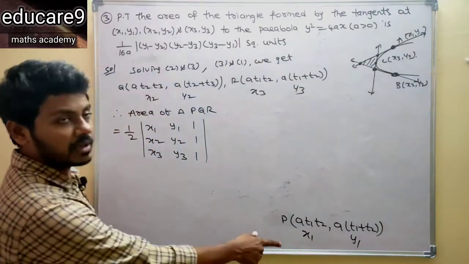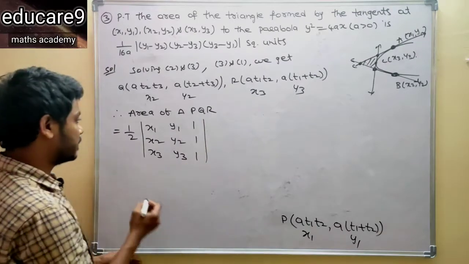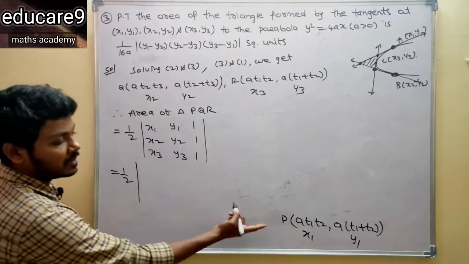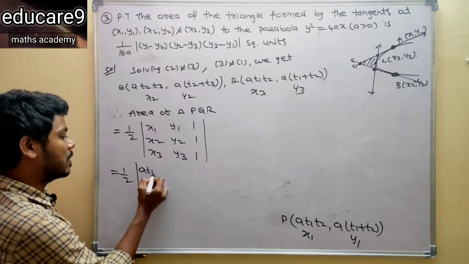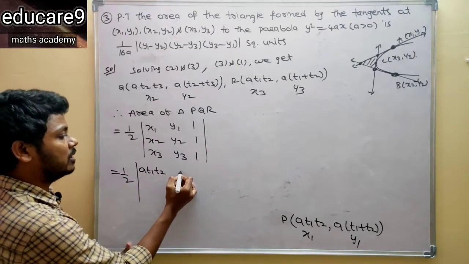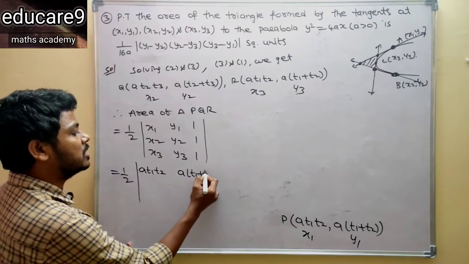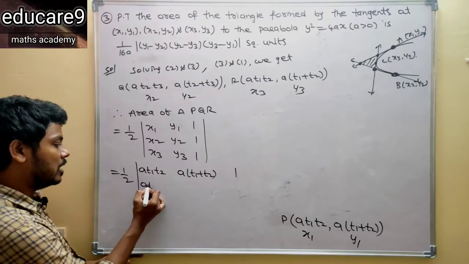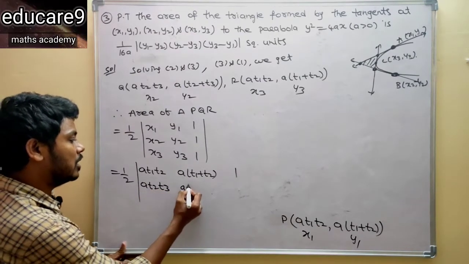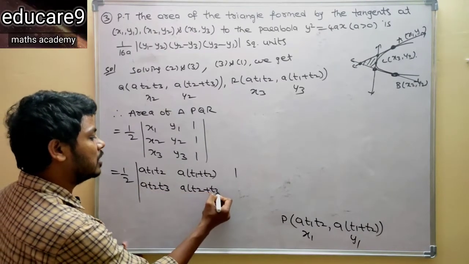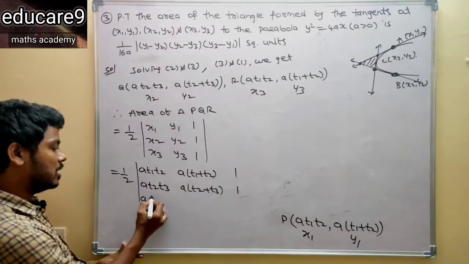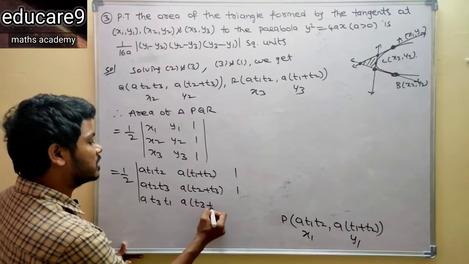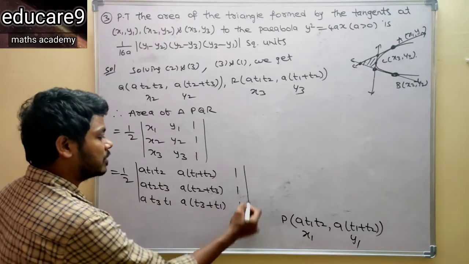You know x1, y1, x2, y2, x3, y3. Substitute here. This is 1 by 2 into, what is the x1 value? a t1 t2. Next the y1 value, a of t1 plus t2. Next 1. Similarly, a t2 t3, a of t2 plus t3, 1. Next, a t3 t1, a of t3 plus t1, 1.